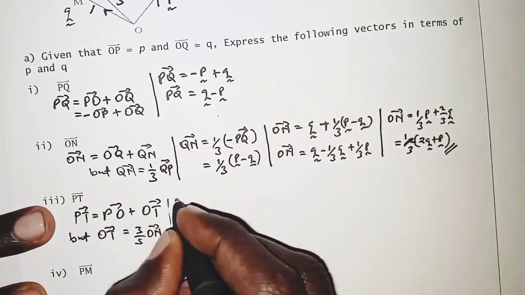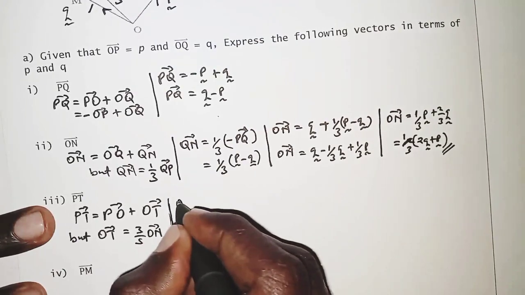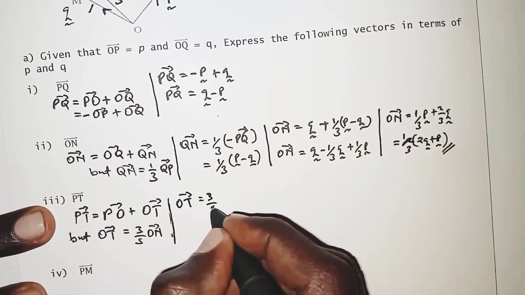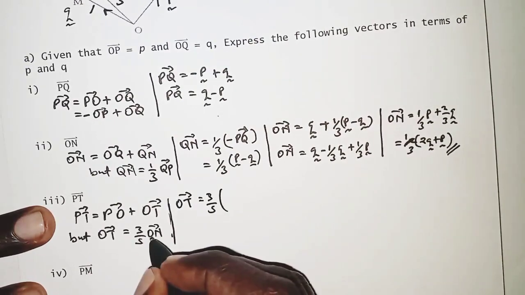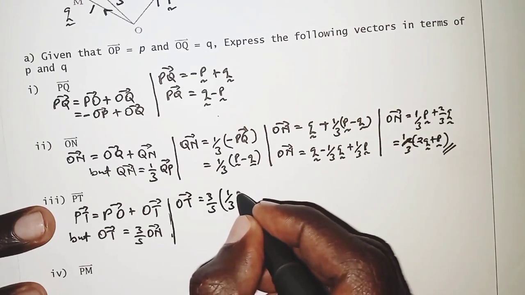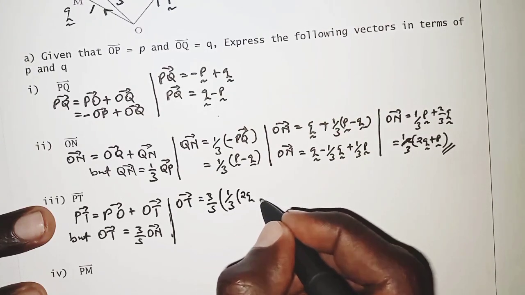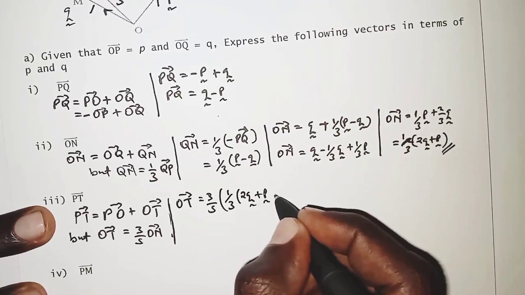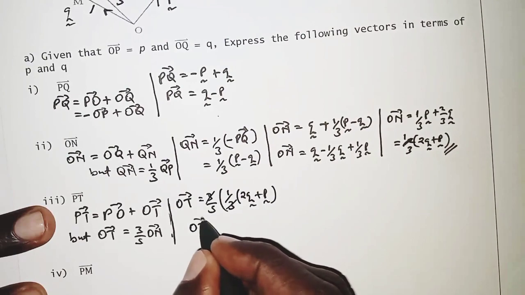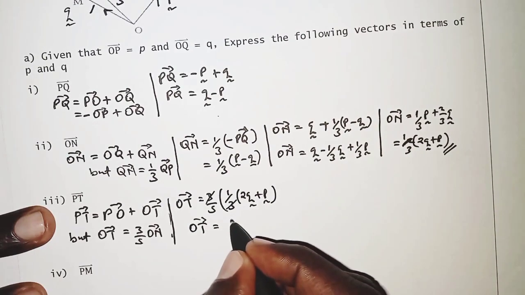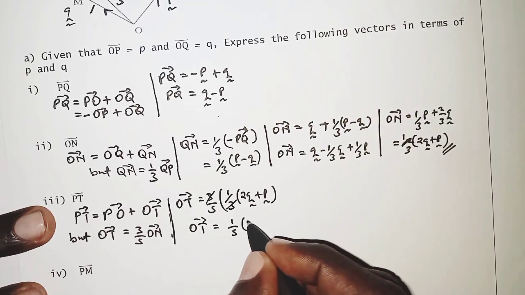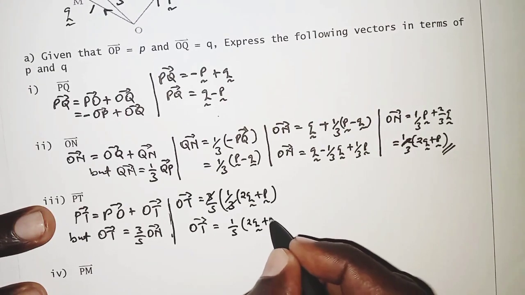So we can say OT is equal to 3 over 5 into ON, and ON is a third into 2Q plus P. So this simply gives us 1 over 5 into 2Q plus P.